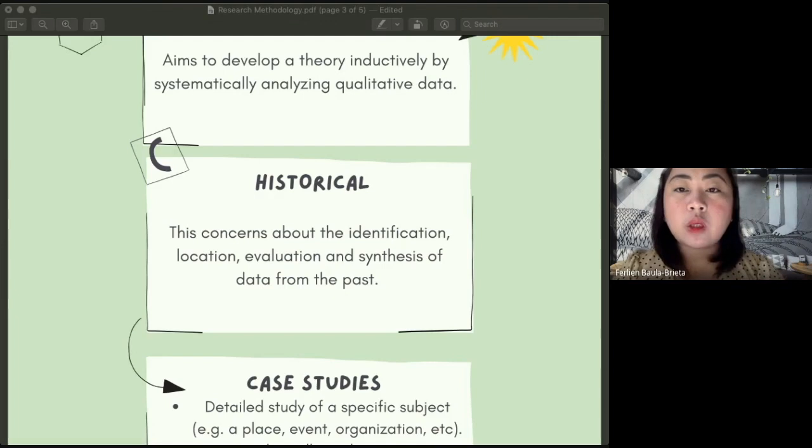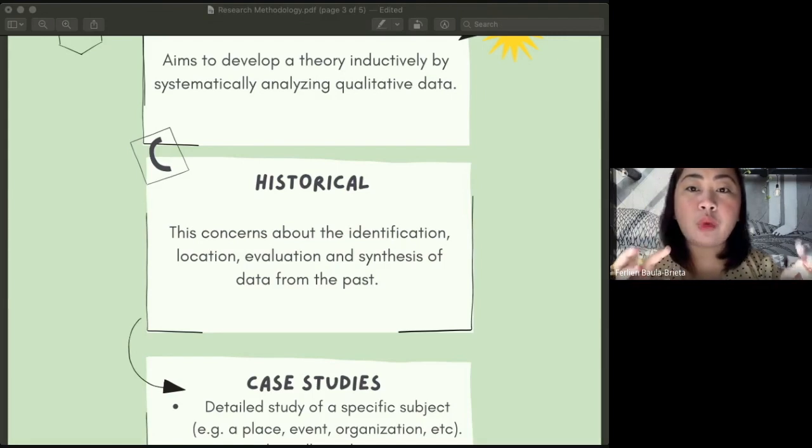The data are gathered from written or oral descriptions of past events and artifacts. It describes what happened in the past, and researchers try to recreate the past in order to understand the sequence of events and the things that influence the present time, and also help develop something that is helpful for the future.